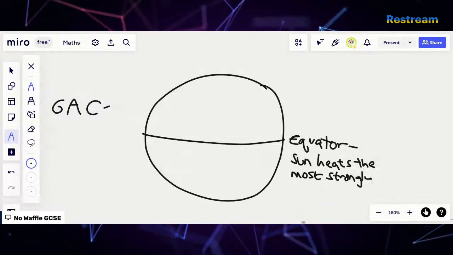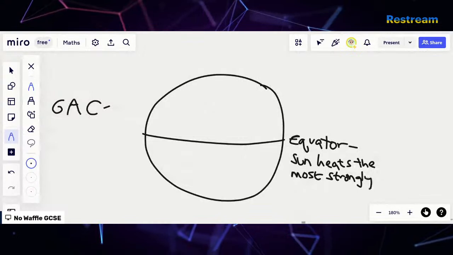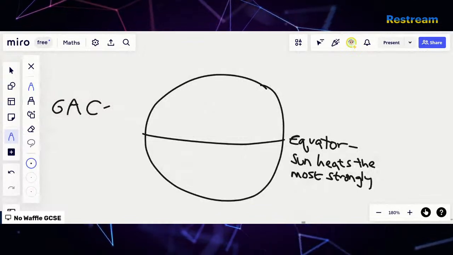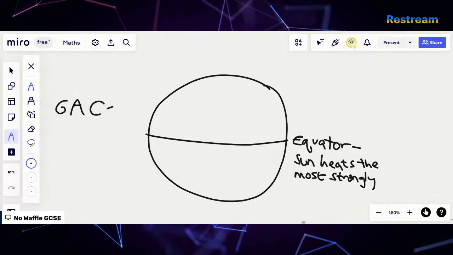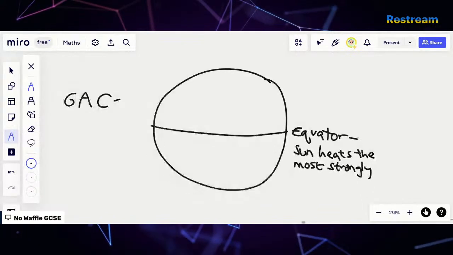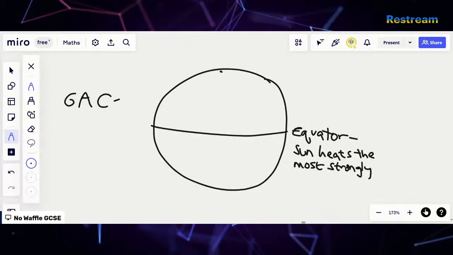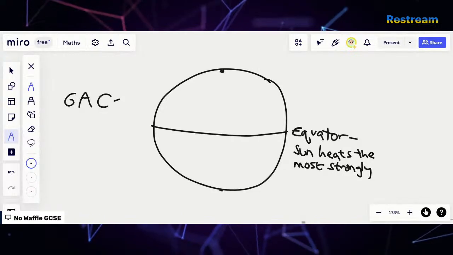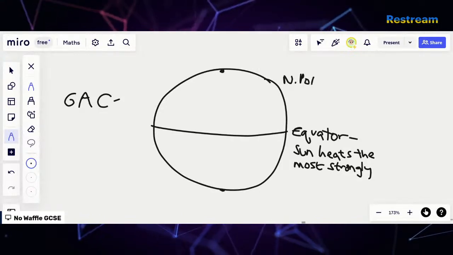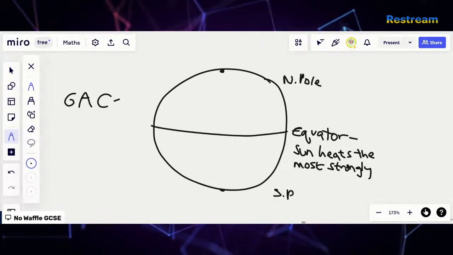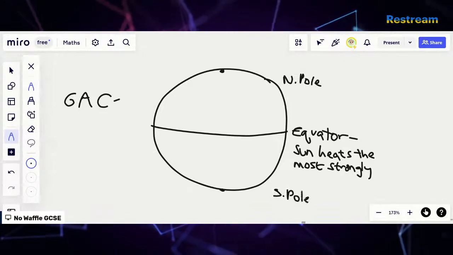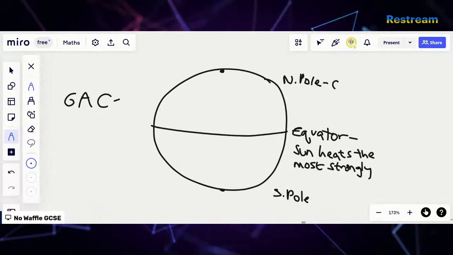So the equator is the hottest part of the Earth. Now, we also have the poles, the North Pole and the South Pole. The poles are the coolest parts of the Earth because they're furthest away from the sun.